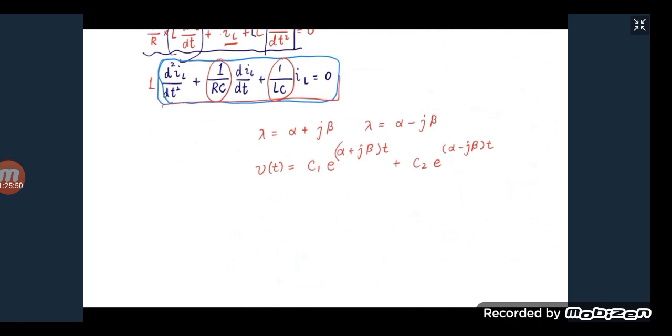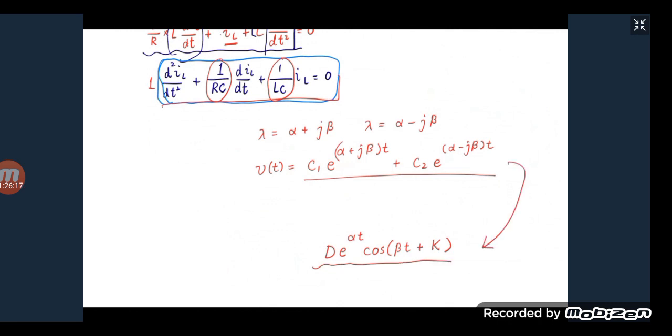But you will see that the solution is a little ugly, and we just said it might finally be cosine beta t plus a phase, something like that. We are more familiar with this form. But how does it become this one?